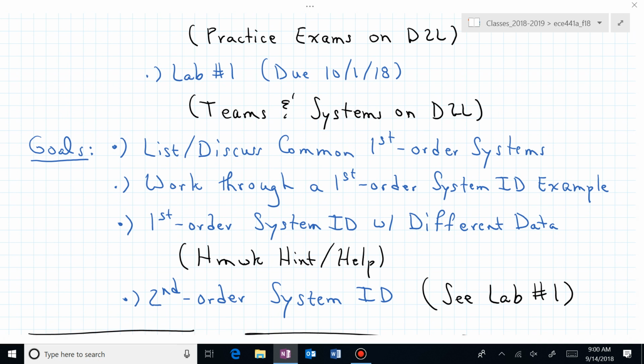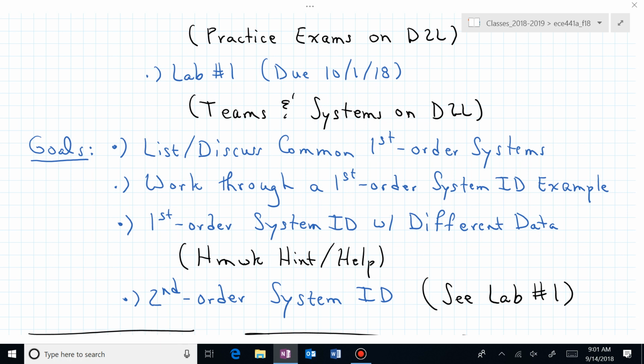Today what I want to do is just give you an overview of types of first order systems and a little bit of a discussion on those, and then we will pick back up where we left off last time, which was how do we identify a first order system.